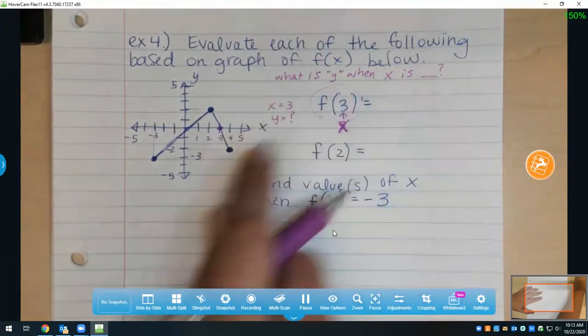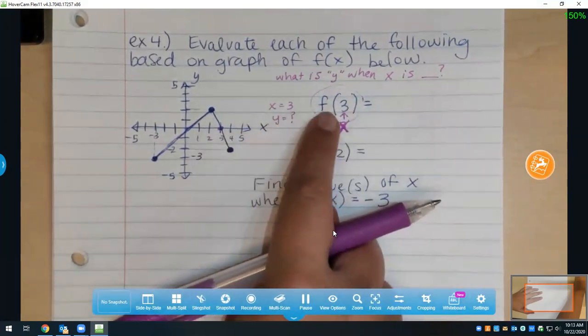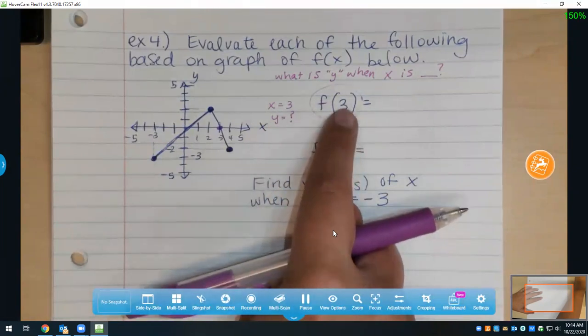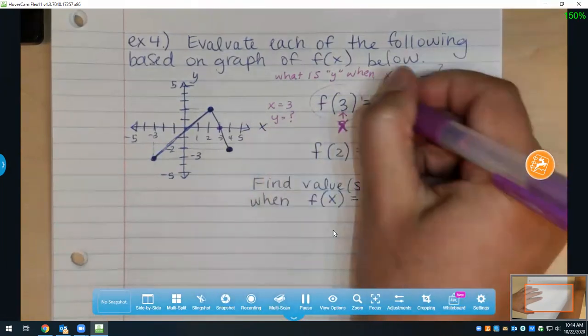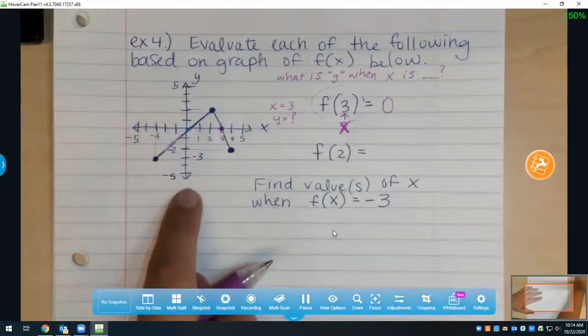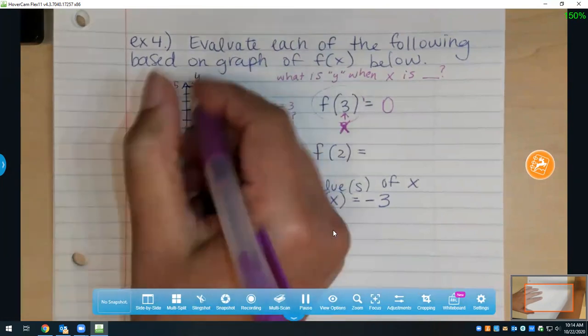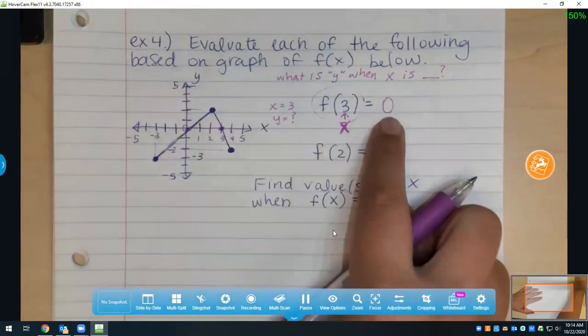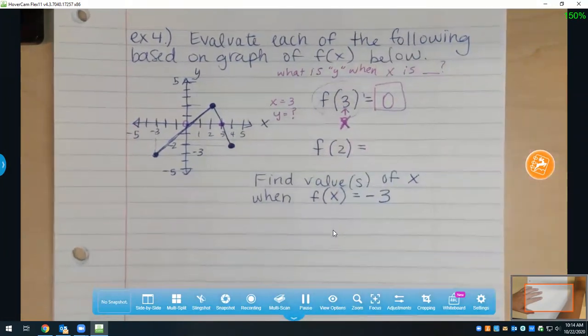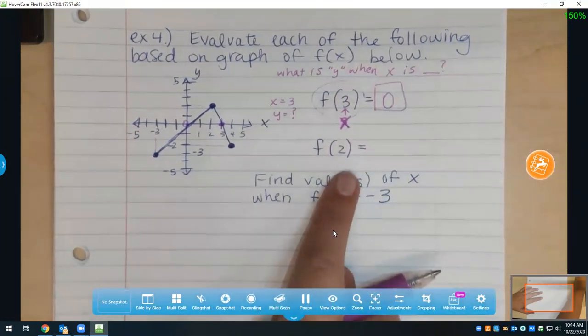That's how you want to frame this notation in your mind: when x is 3, y is what? In this case, it's on the x-axis. So what's the y value on the x-axis? 0, exactly. And that's your answer. These are not difficult. They're just tricky and easy to get backwards.